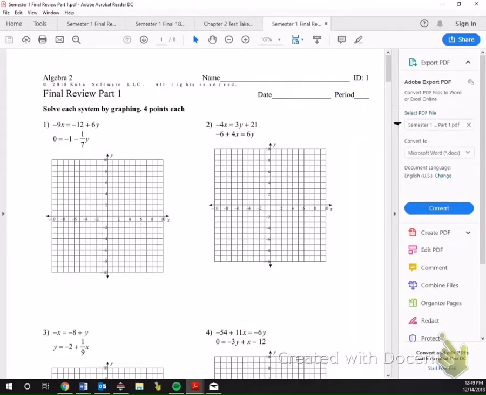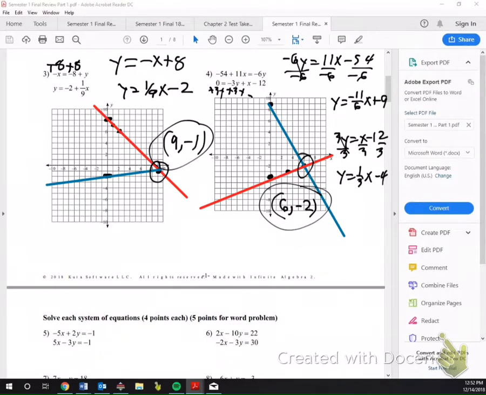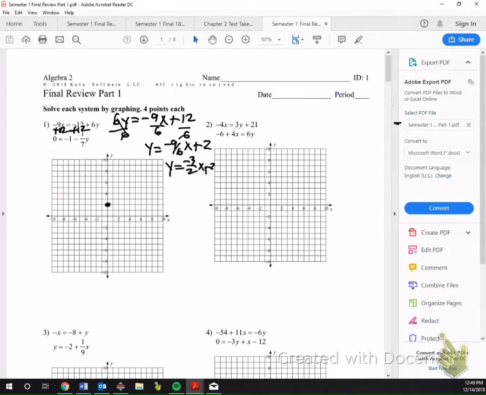1 and 2. What we're going to do is graph each of the lines. I did that by putting them into y equals mx plus b. And then you find the point of intersection. Do that again with number 2.